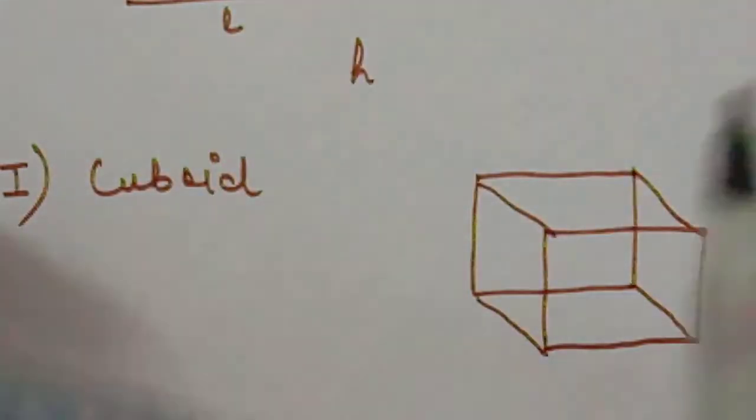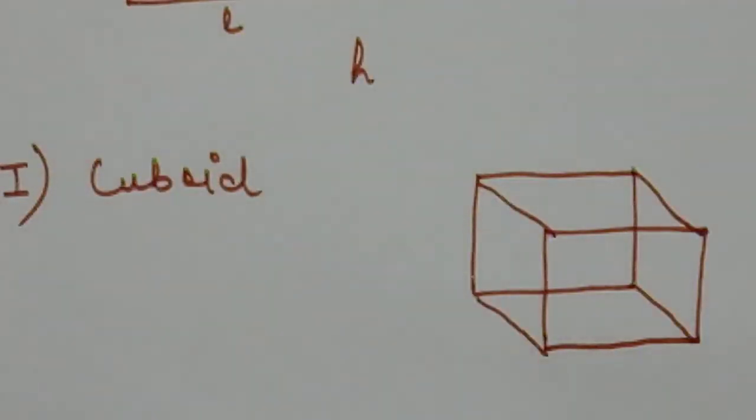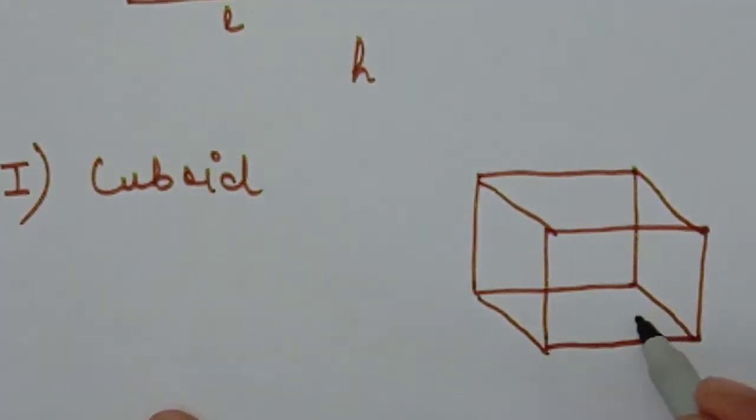This is the first face, then second face, third face, fourth face. This is your fifth face, and this is your sixth face. So we have 6 rectangular faces in this book. A cuboid is a solid bounded by 6 rectangular plane regions.